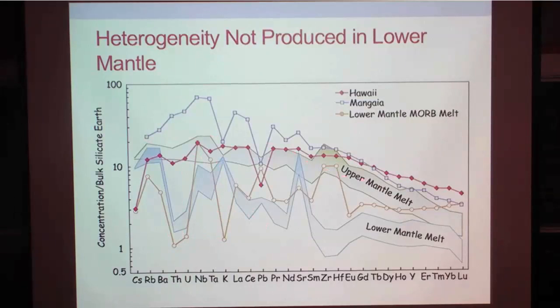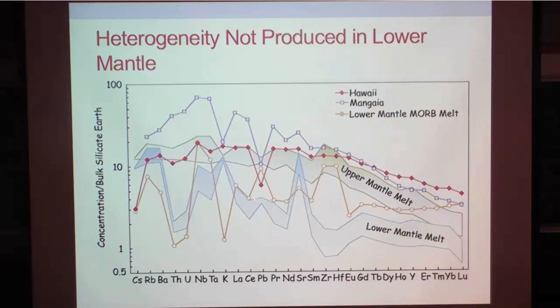In contrast, the earth, if we take primitive mantle and melt it in the upper mantle, we get a pattern like that. And if we compare just two oceanic island basalts, one from Hawaii and one from Mangaia in the Austral Islands, they look a lot more like upper mantle melts than they do like lower mantle melts, with some exceptions.